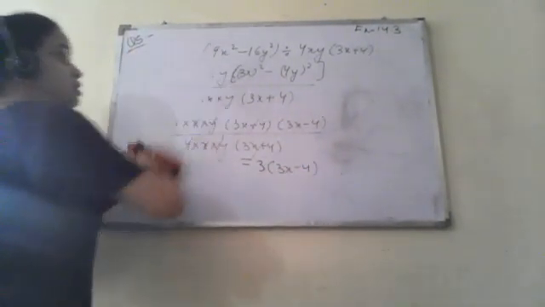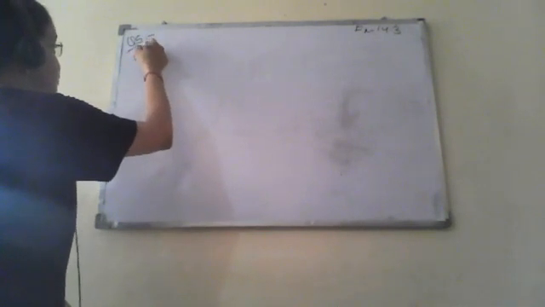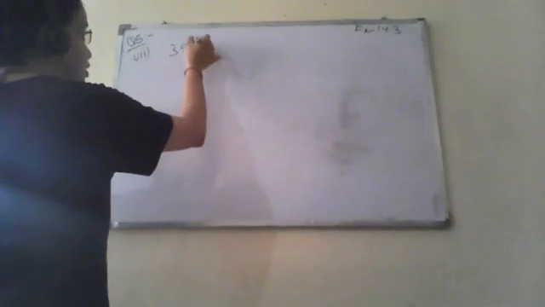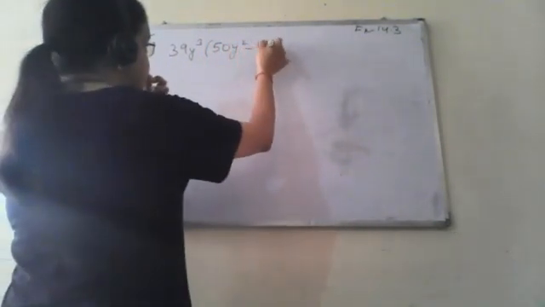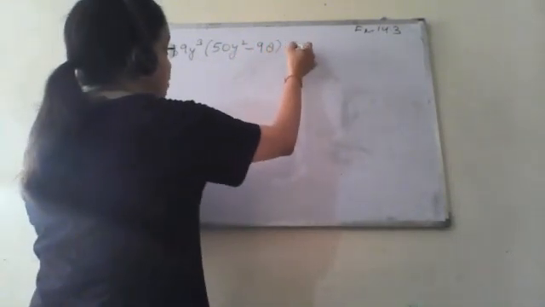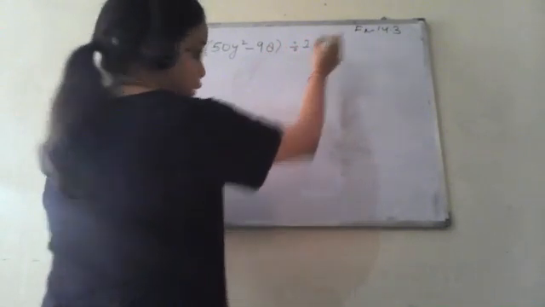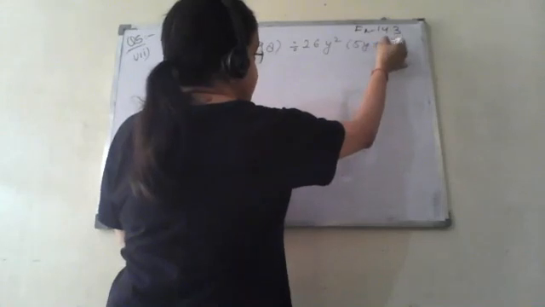Now the last part of this question, that is the seventh part. We have 39y cube into 50y square minus 98, divided by 26y square into 5y plus 7.